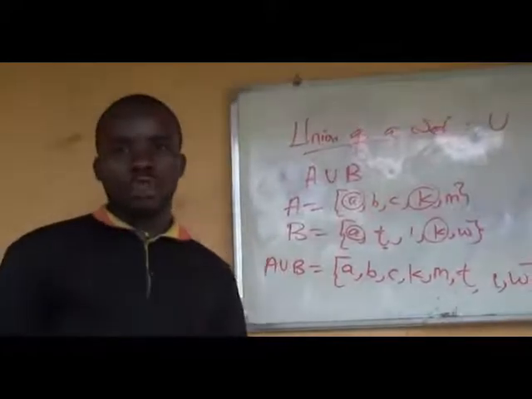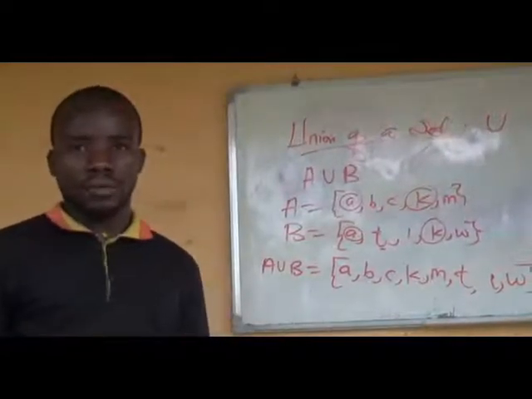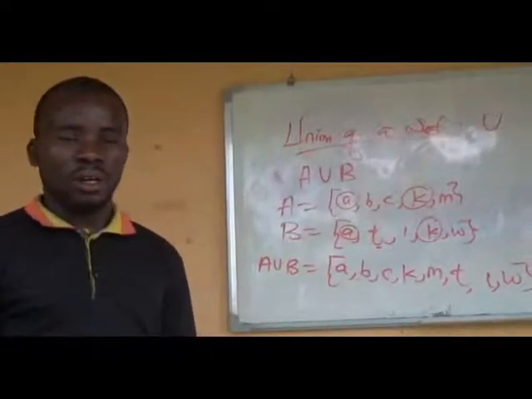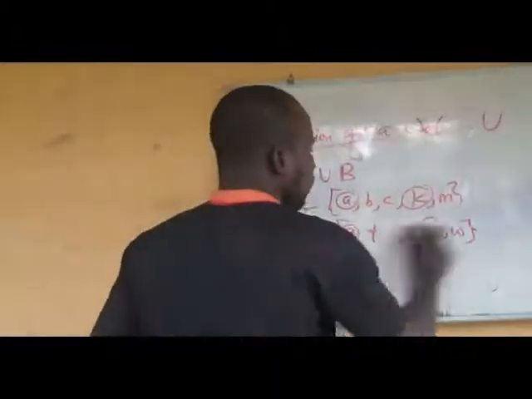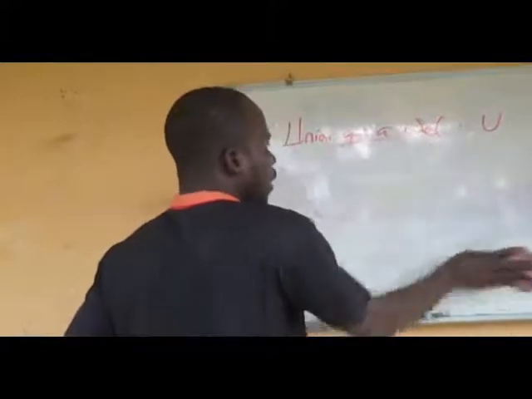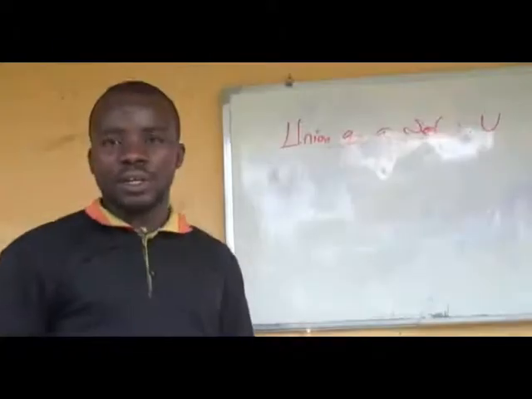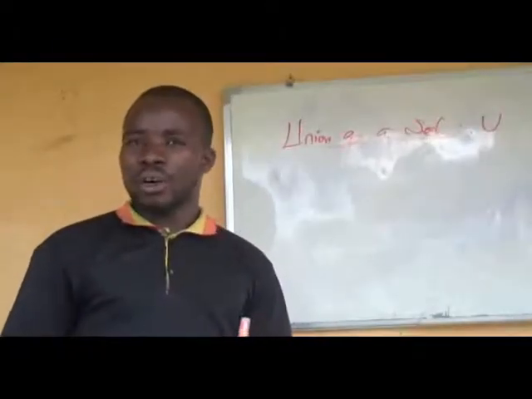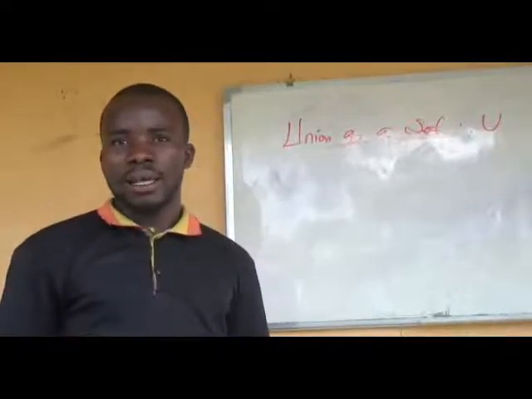Now let me give you a shortcut to remember this. A shortcut to remember the union of a set. If you are given two sets to find the union and you want to be very correct and not make mistakes, this is the shortcut you need.